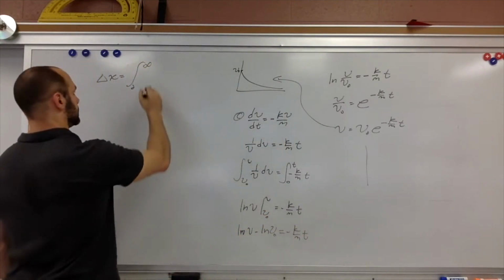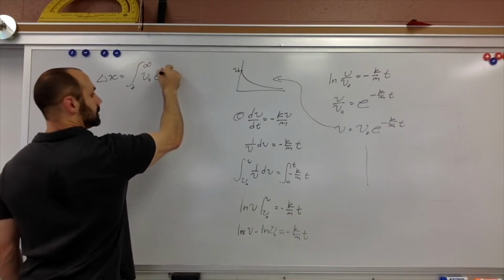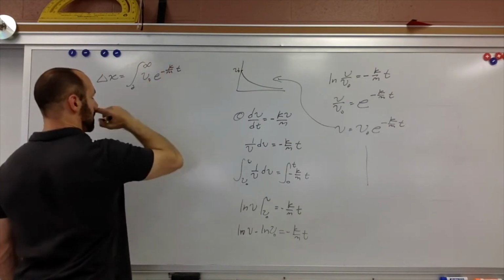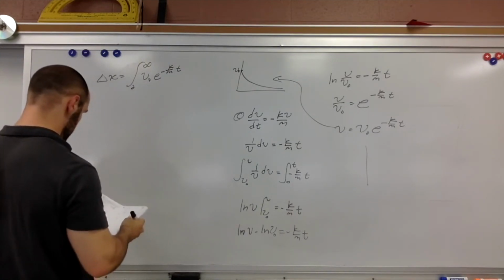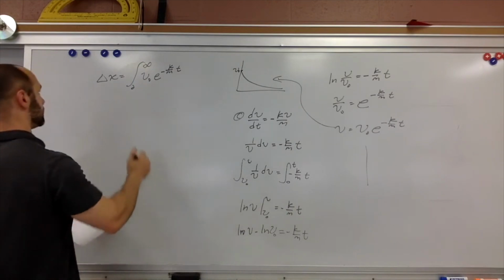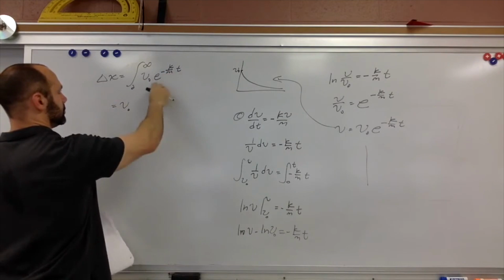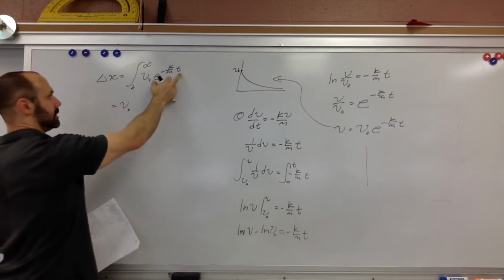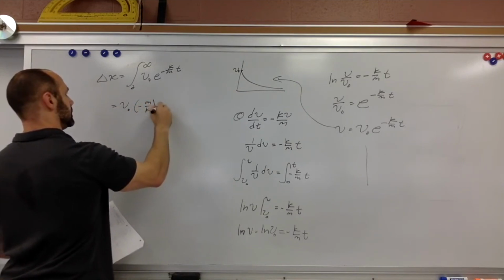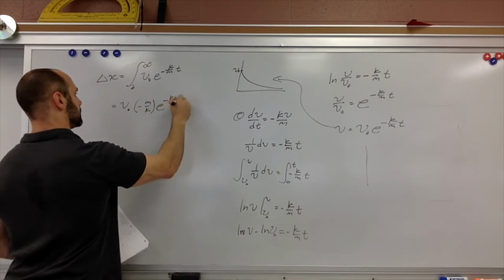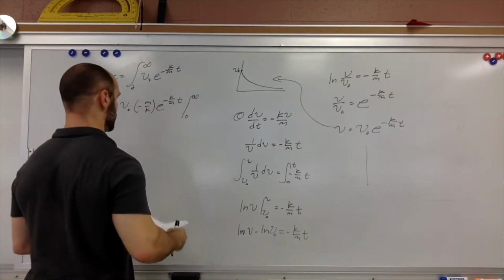So from 0 to infinity, v naught e to the negative k over m times t dt. All right. I take the integral of this. So in other words, the antiderivative of this is going to be negative m over k e to the negative k over m times t from 0 to infinity.